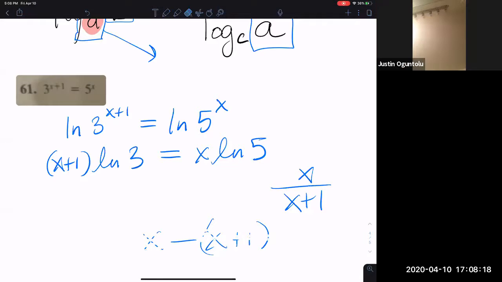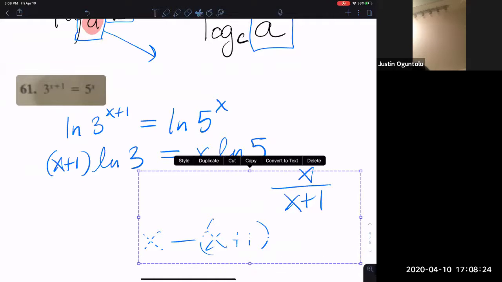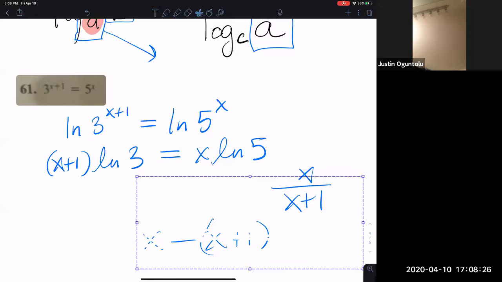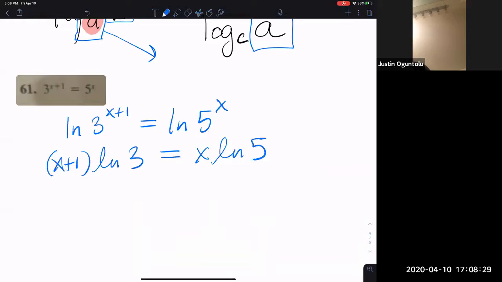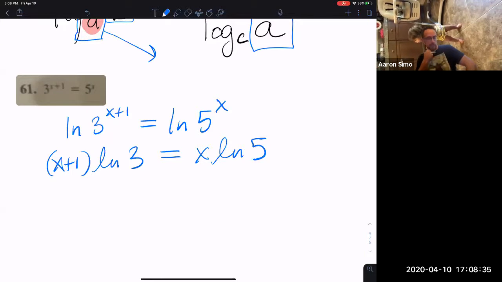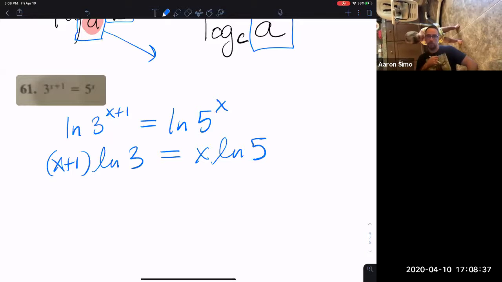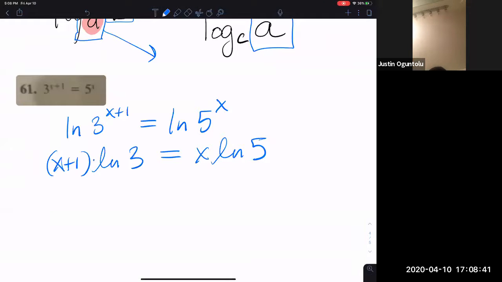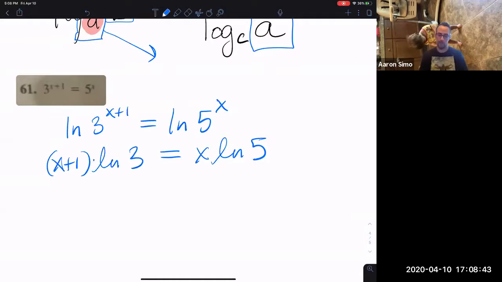Well, how about we subtract ln 3 on both sides? Maybe. Well, that's going to violate the order of operations. There's a multiplication there, so you can't subtract ln of 3.